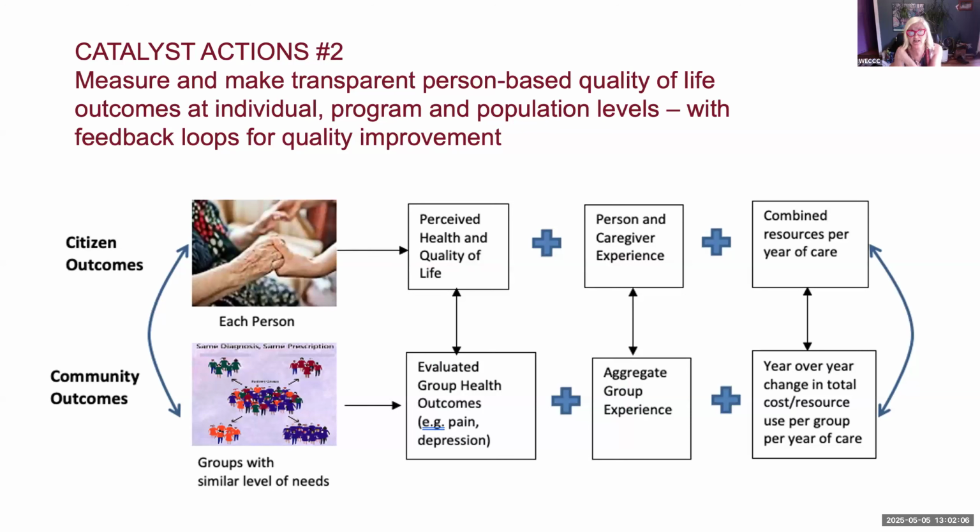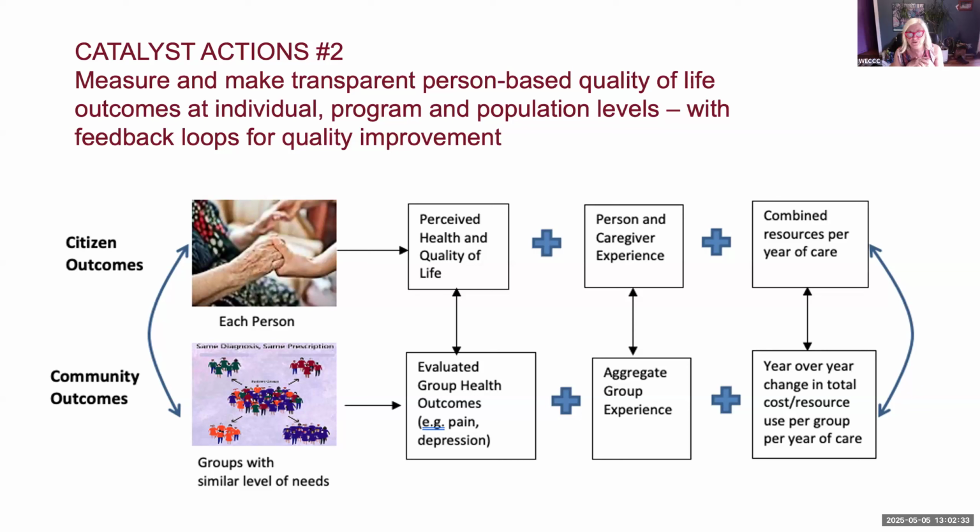The second catalyst action that we wanted to mention is this idea that every human-to-human interaction should have benefits in terms of that relationship, but it can also be translated into data that at the back end helps a person measure and make transparent what their own quality of life outcomes are.